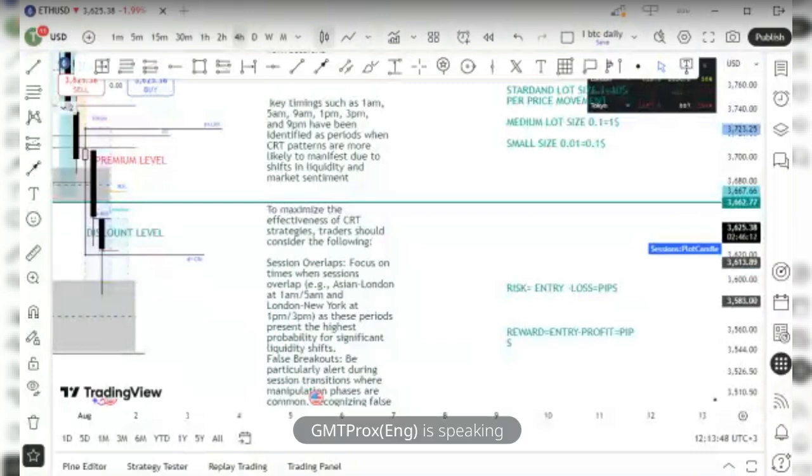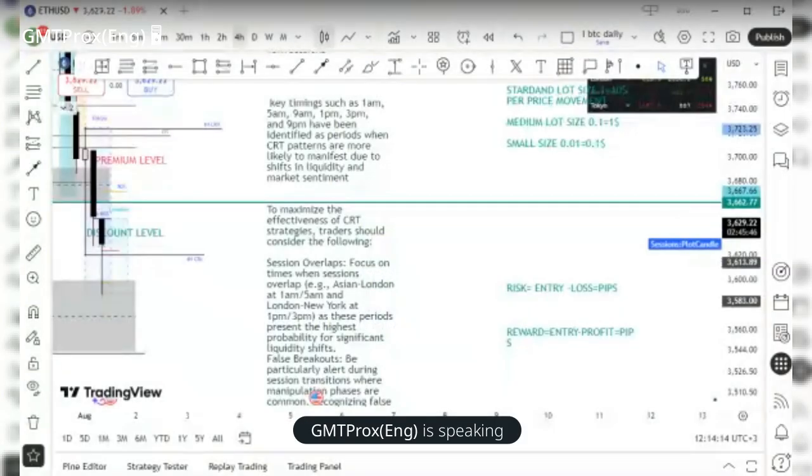So don't forget to switch to a lower time frame for precision. Transition to a lower time frame such as 15 minutes or 5 minutes to monitor for a candlestick that grabs the liquidity at the support level. The bullish setup occurs when the next candlestick closes above the support level after having touched it.